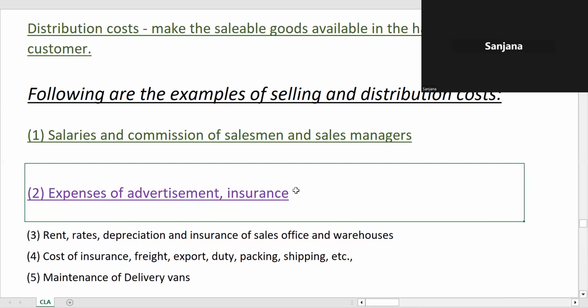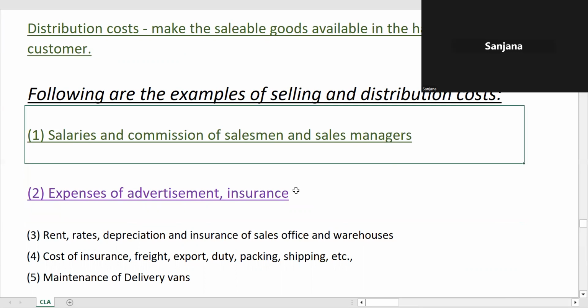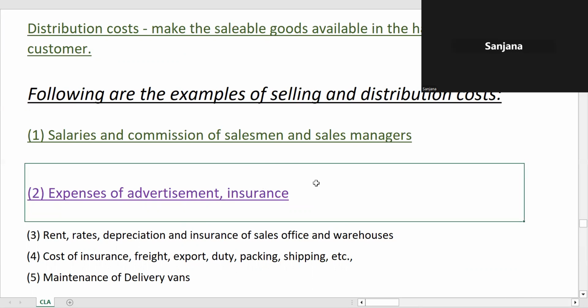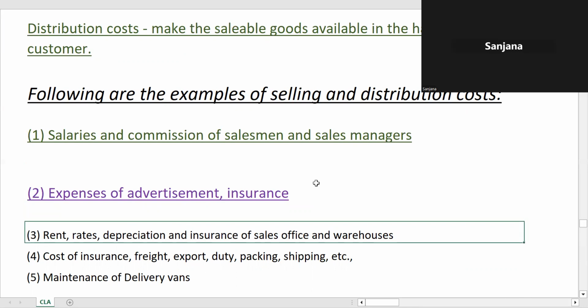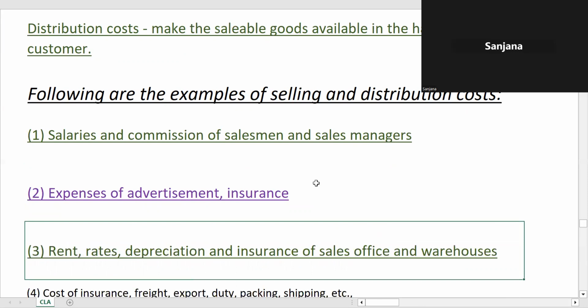You can do insurance for factory machines and all, that will become factory cost. So insurance basically depends on what insurance you have made. The classification will change. Then rent, rates, depreciation and insurance of sales office and warehouses.